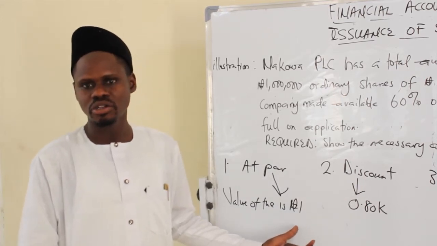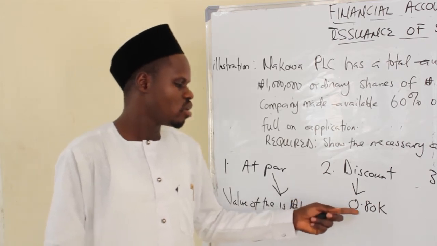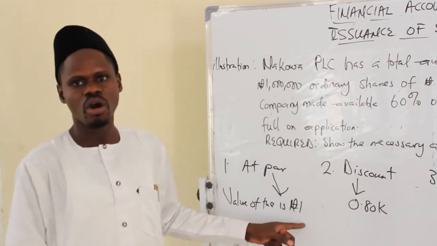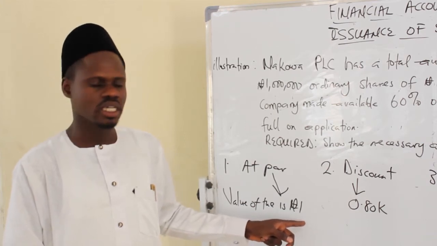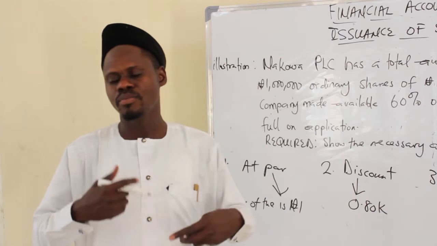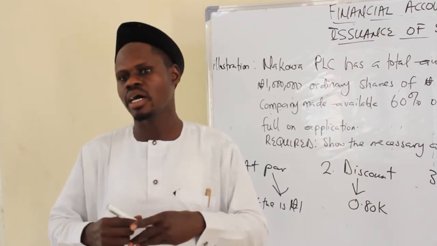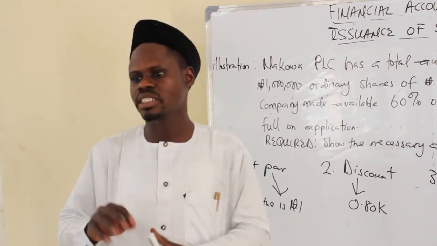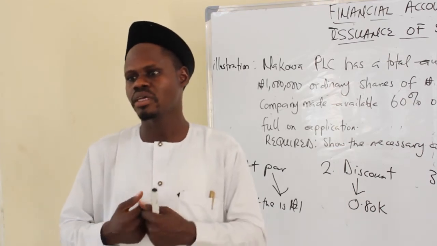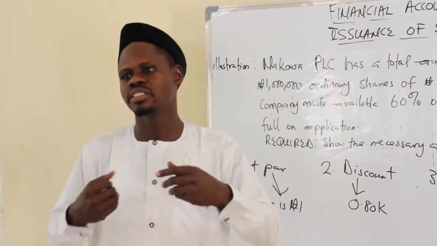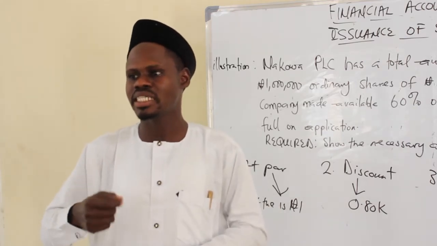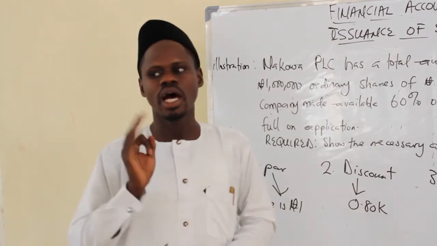So in scenarios where the market price of the shares is lower than the nominal value of the shares, we call it selling at discount. In most cases, what usually encourages board of directors to sell their shares at discount is to invite the members of the public. Maybe the company is new and they are trying to get more shareholders, so they might decide to sell it at discount.